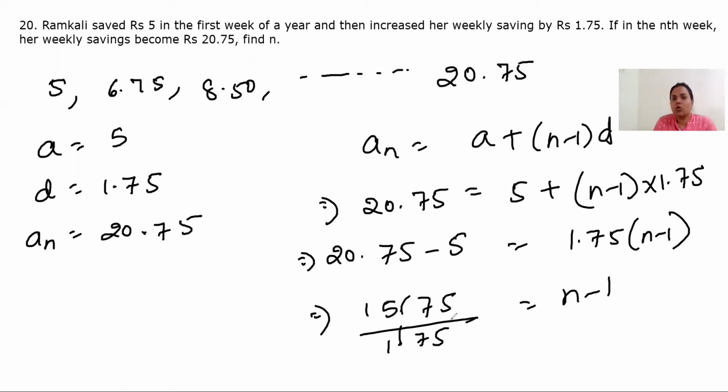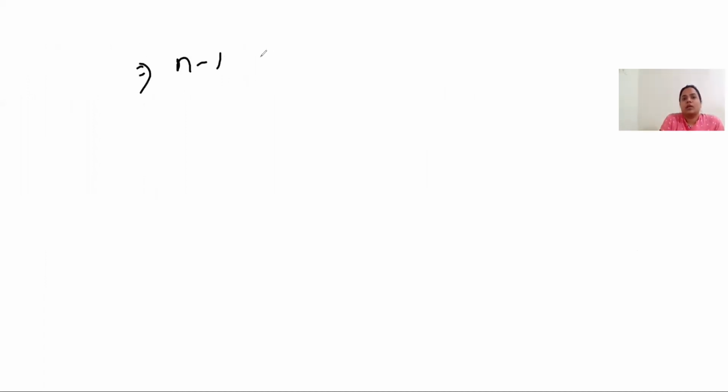This decimal will go off, so I can cancel by 5. 5 1s are 5, 5 5s are 25. 5 7s are 35, 5 3s are 15. 7 9s are 63. So N minus 1 is equal to 9.